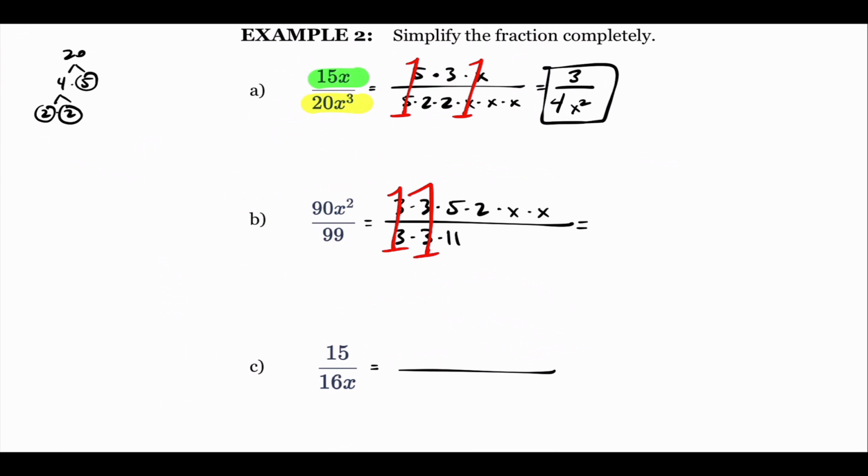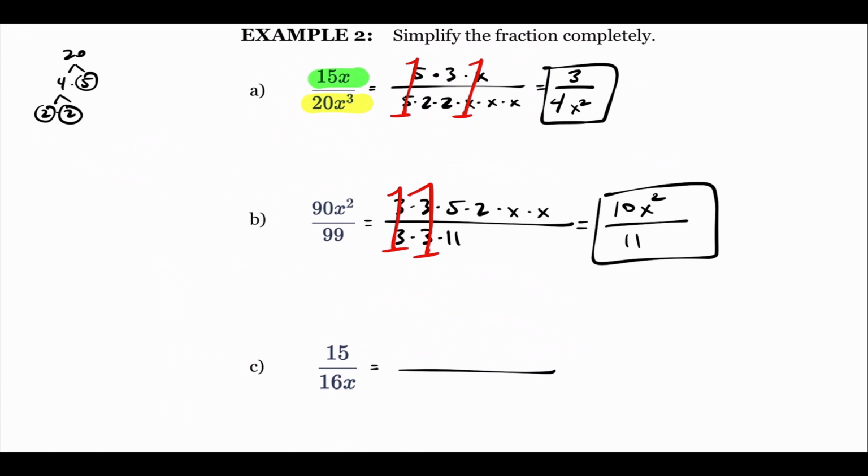They got a 3 and a 3. So the numerator, the top, is 1 times 1 times 5 times 2 times x, which is 10x squared. The denominator, the bottom, is 1 times 1 times 11, which is just 11. That's reduced as far as it can go.